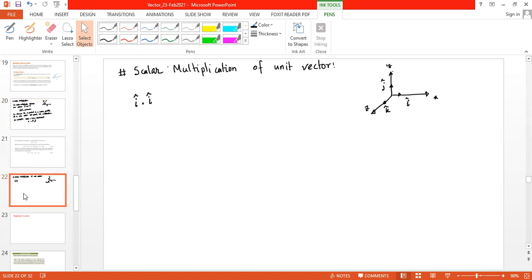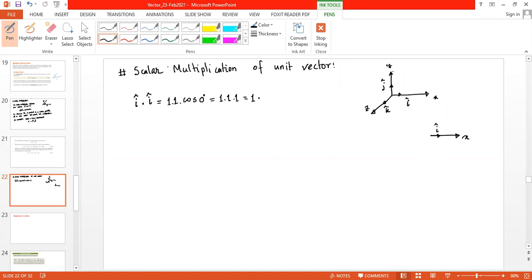So I dot I will be equal to magnitude of I which is 1, and the second vector's magnitude is also 1, and cosine of the angle between I and I. What is the angle between I and I? I is always along x direction. So your first I is along x direction, the second I is also along x direction, right? So the angle between them is 0 degrees. And cosine of 0 means 1. So 1 times 1 times 1 is equal to 1. So I dot I equals 1.